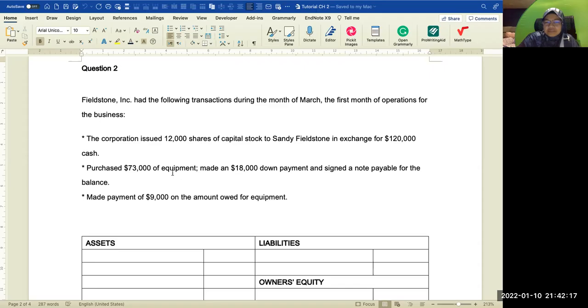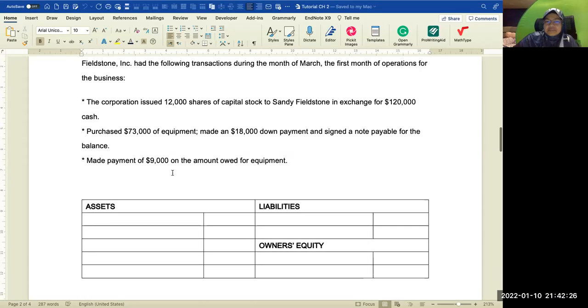So now the company has 120,000 US cash, with total owner equity of 120,000. So I will put capital stock 120,000, and then cash 120,000. That's how you record the transaction or the economic event.